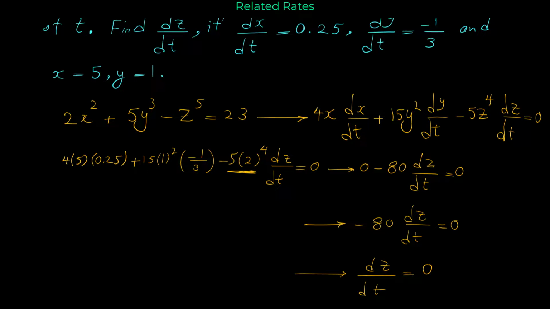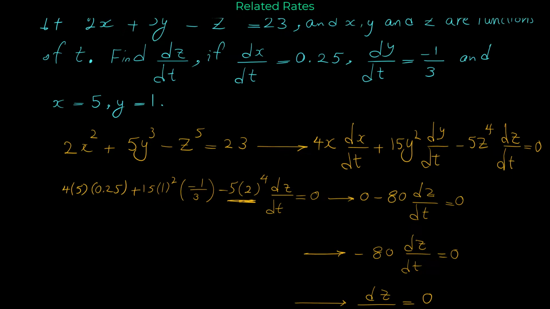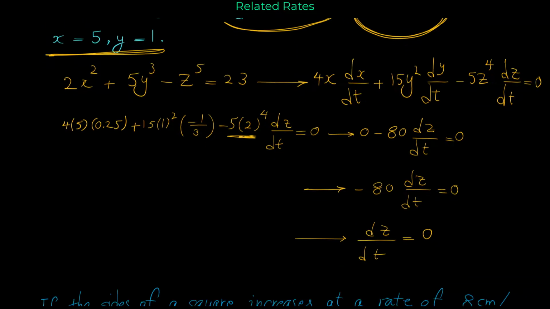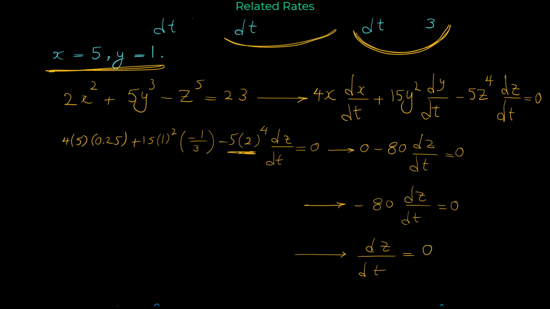So under the given situation in this question, when the change in variable x is this value and the change in variable y is this value, when x is 5 and y is 1, the change in variable z is 0. So this shows that z doesn't change at all with respect to time in this situation.